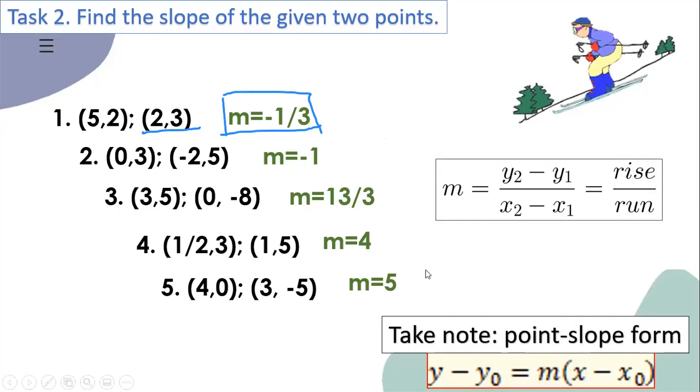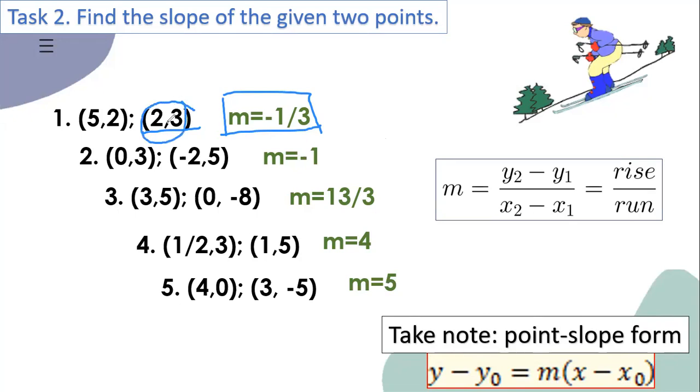Okay, so point slope form goes like this. y minus y sub o is equal to m times x minus x sub o. Okay, so y sub o and x sub o, pwede tayong kumuha ng isang point lang dito sa ating example.